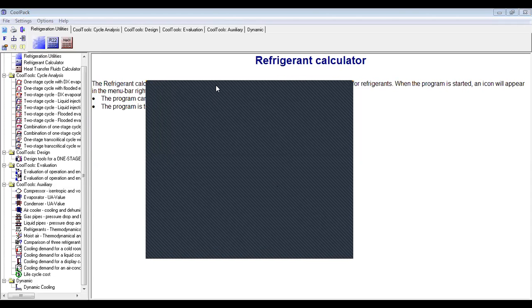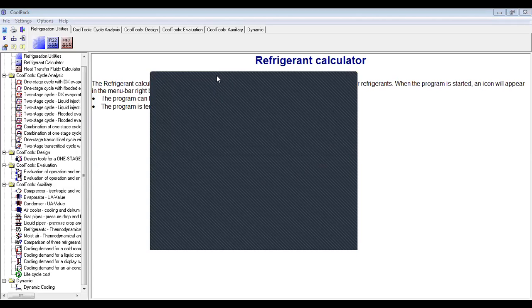So you can select the refrigerant here. Very interesting. Any type in this small box. Let's say water, pressure, temperature units.